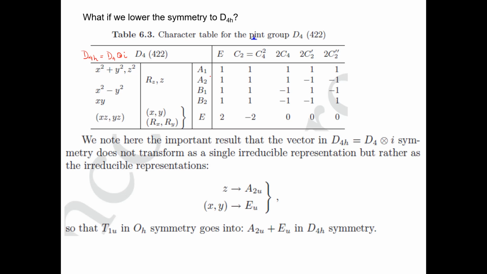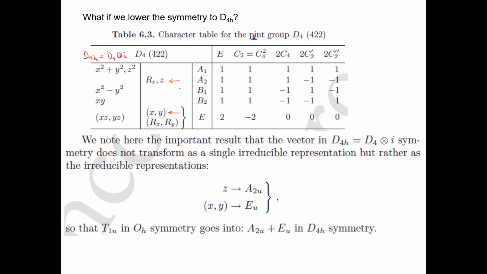What's important here, if you notice in the character table, is that when you break the symmetry, the z-axis is not equivalent to the x and y axes, right? So now you can see that they belong to different representations. The z coordinate is here, and the xy coordinate is here.